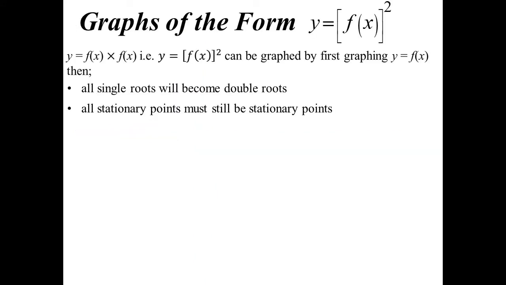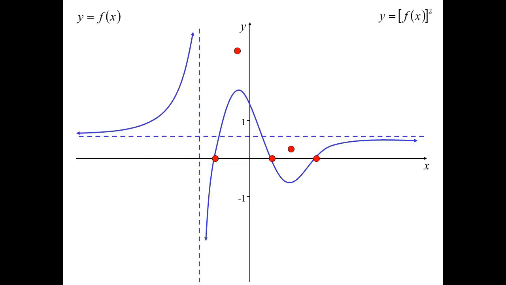Stationary points will still be stationary points. The y value might change, but at those x values. So up here, that's a turning point. At that x value, it'll still be a turning point. Well, what's going to happen to its y value? This number is bigger than 1. Square a number bigger than 1, and it is bigger.